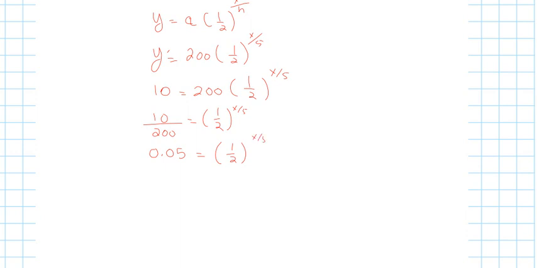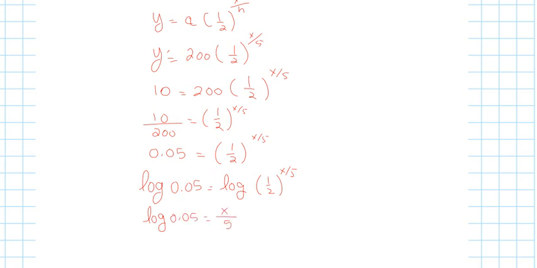Okay, now what do you want to do? Now log both sides. When I log, what happens to my exponent? It comes down: log 0.05 equals x over 5 times log 0.5.